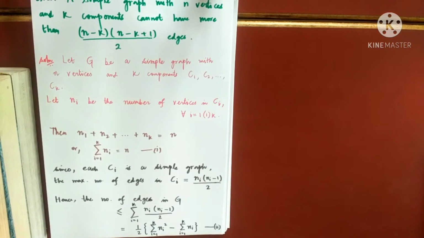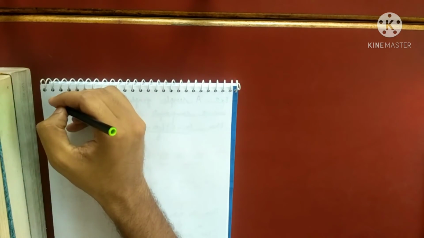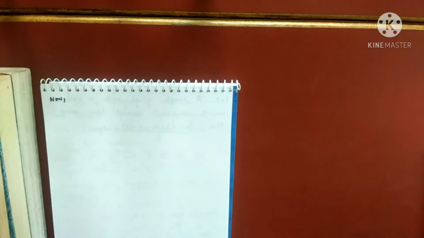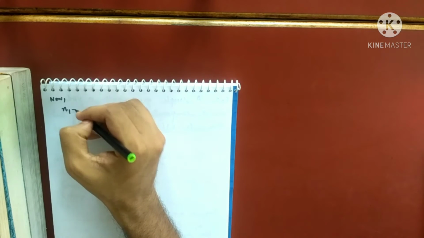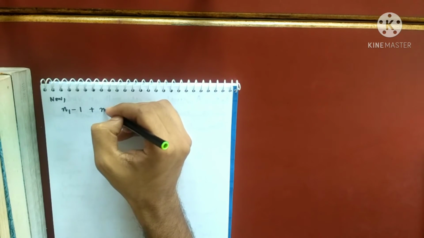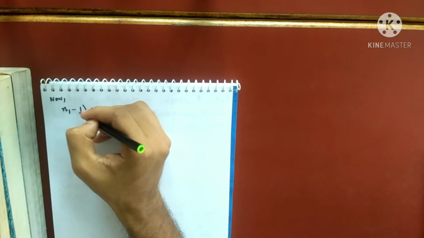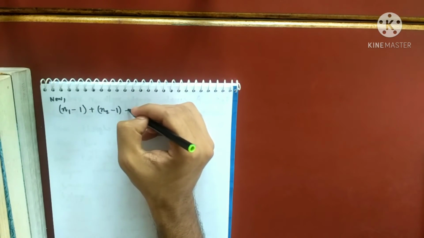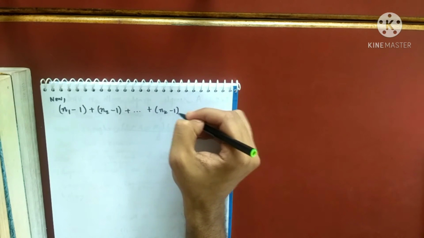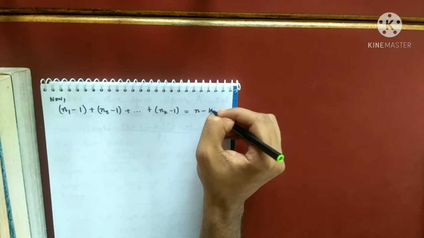Okay, let's do it. Now, n1 minus 1 plus n2 minus 1 plus dot dot dot nk minus 1 equals n minus k.